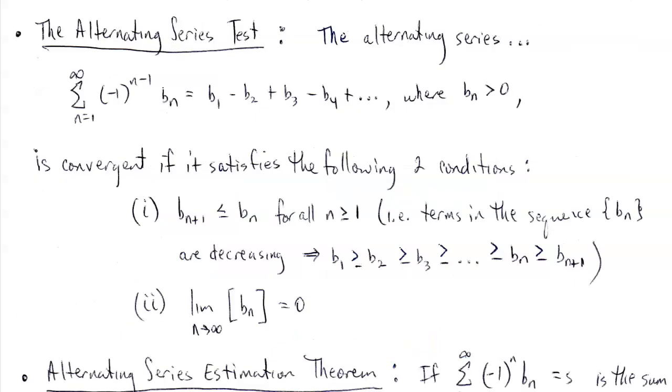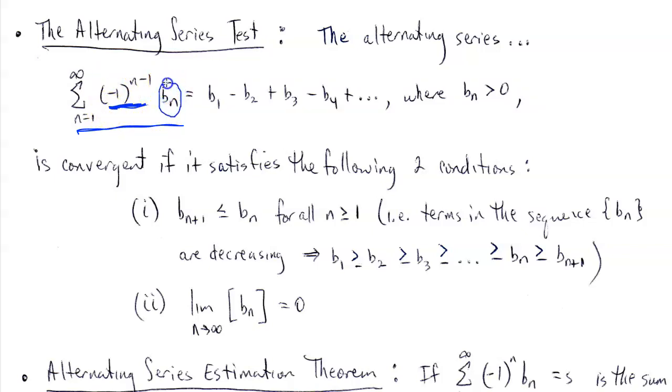So the alternating series test says that if we are considering an alternating series of this type, where this -1 raised to the n-1 could be just -1 raised to the n, or -1 raised to the n+1, that part really doesn't matter, as long as it has something in here that makes the signs alternate for each term.